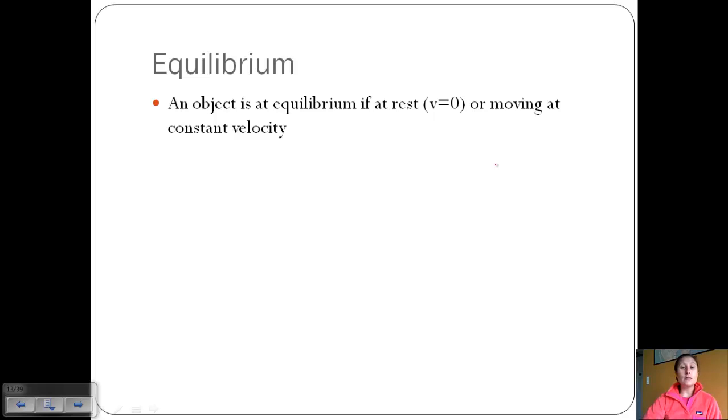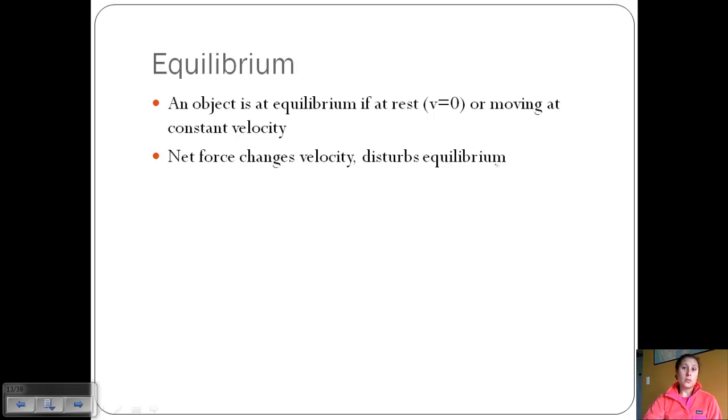Okay, so an object is at equilibrium if it's at rest, which would mean the velocity is zero, or it's moving at a constant speed because everything is the same. Okay, and remember we have to have a force to create acceleration. And so if there's no acceleration, then the object is moving at a constant speed. So constant speed or at rest would be equilibrium because there's no force.